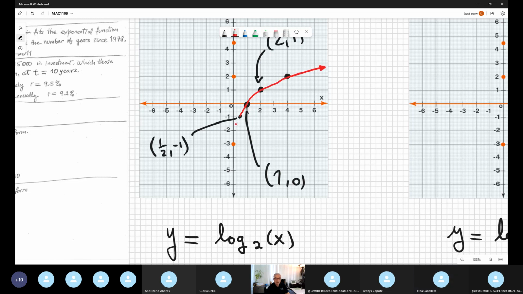I need to know also that the curve of the logarithm has an asymptote, but in this case a vertical asymptote, not horizontal, at the y-axis. We have here a vertical asymptote at x equals 0.